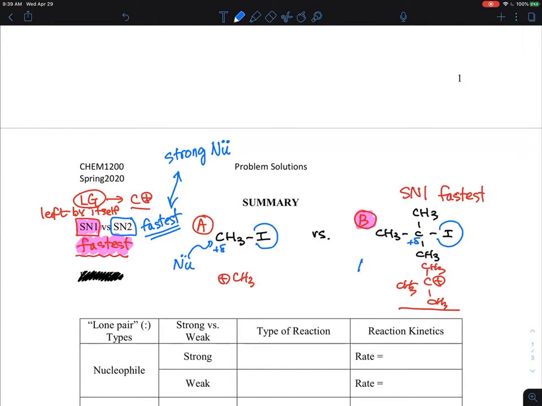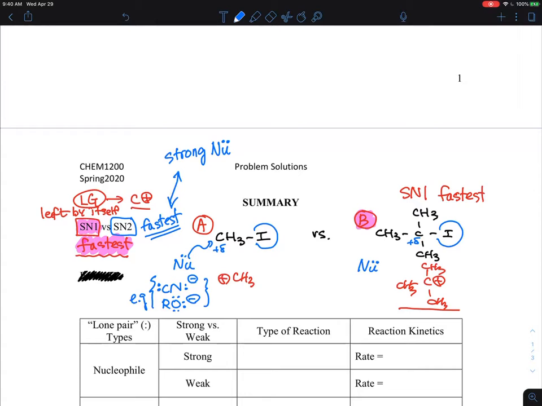And it's a strong nucleophile. What is an example of a strong nucleophile? For example, CN minus. This is a strong nucleophile, right? Or alkoxide. That's not only a strong base, but also a strong nucleophile. So these are examples of strong nucleophiles, and they want to do the SN2 reaction.